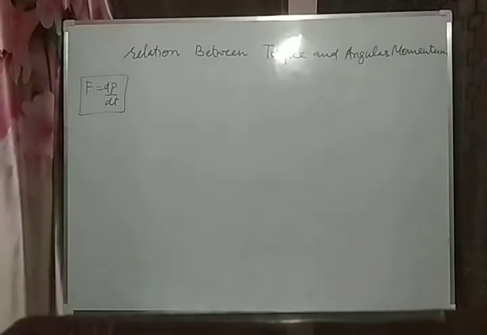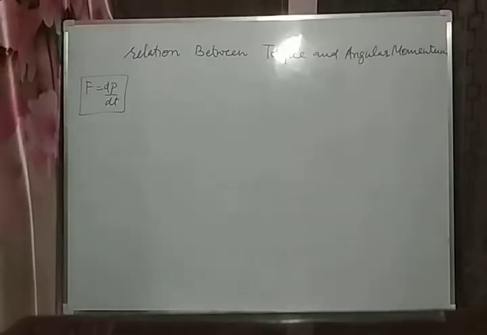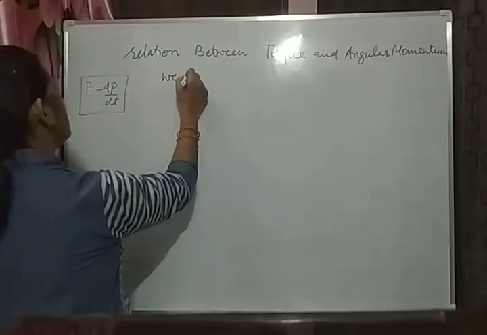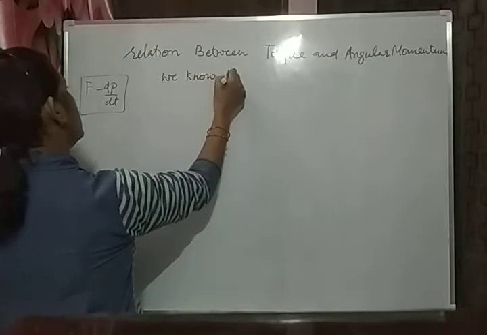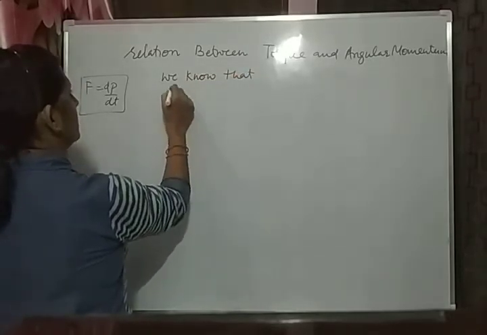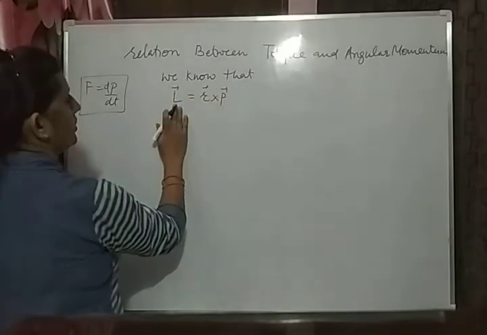What is the value of torque, and the torque is equal to what factor? So you can start. We know that L is equal to R cross P, the angular momentum.